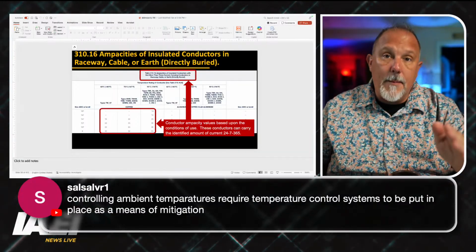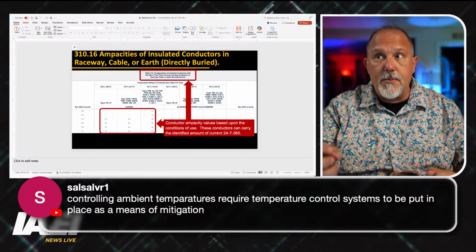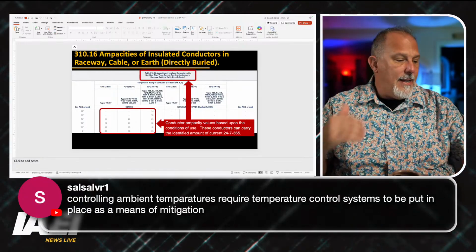All right. So proper conductor protection begins with proper conductor selection and application, right? I need to be crystal clear on how I determine the ampacity of a conductor so that I can protect it at its ampacity. Now remember, 240.4 tells me in the parent text I need to protect it in accordance with the ampacity.